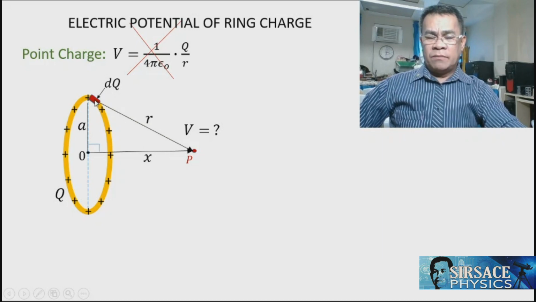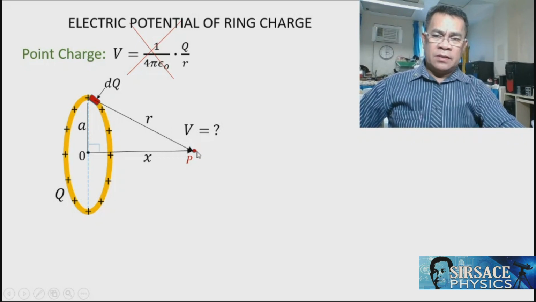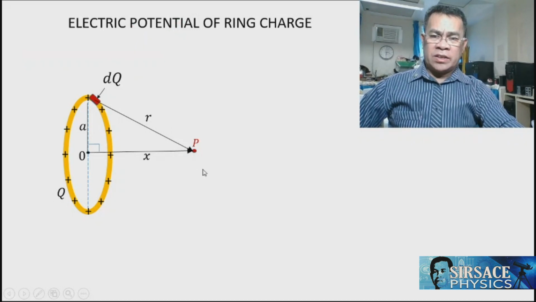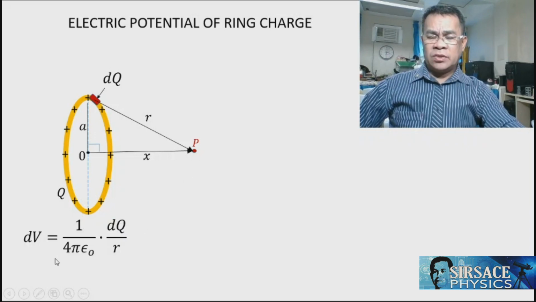And that dq has a distance r from that charge towards the point of interest at point P. So if we are now asked how much is the electric potential due to this segment of charge, or infinitesimal charge, then we are calculating an infinitesimal electric potential. So this can be treated as a point charge.